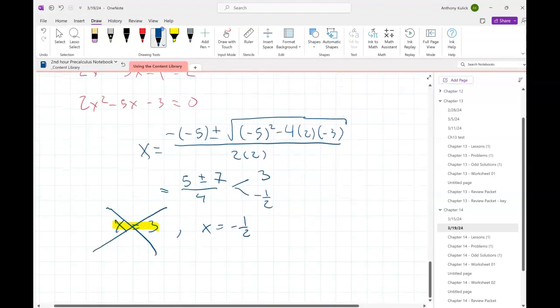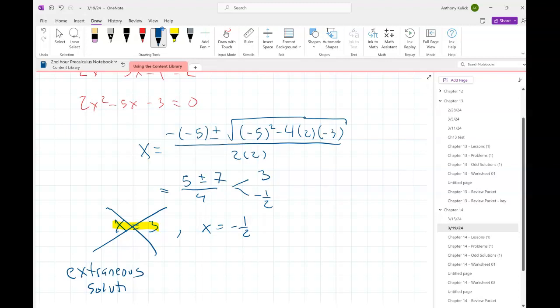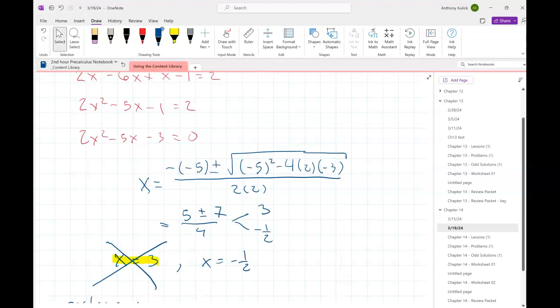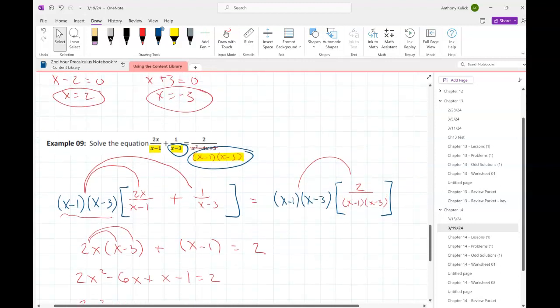This solution I discard. The vocab we call this is an extraneous solution. You don't have to use that vocab, but it probably happens in directions here and there to make sure you check for extraneous solutions. That's what we mean, is this situation here. If I plug the negative 1/2 in, though, any problems there? No, right?